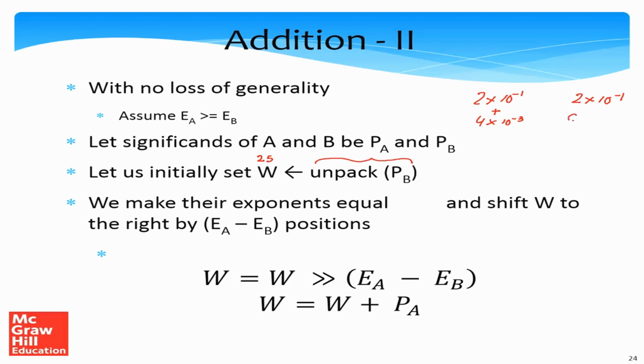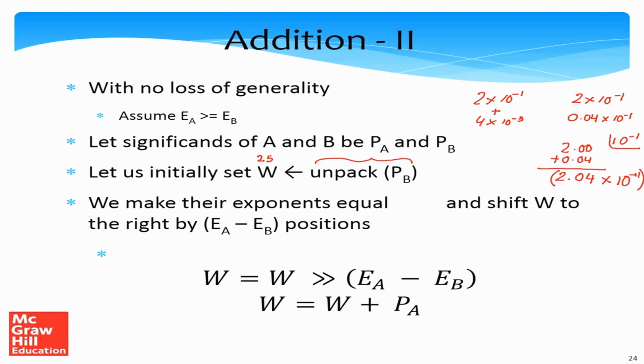This can be written as 0.04 times 10 to the power minus 1. So 10 to the power minus 1 part being common, I can just write it on the side, and then I can add 2.00 and 0.04 to make it 2.04. And so the final answer is 2.04 times 10 to the power minus 1.